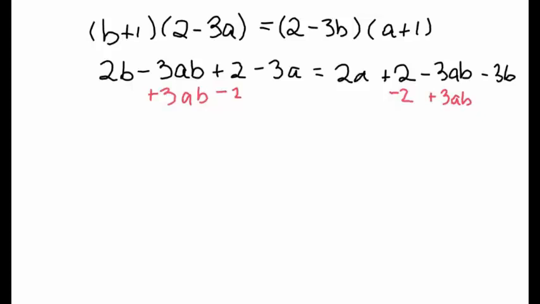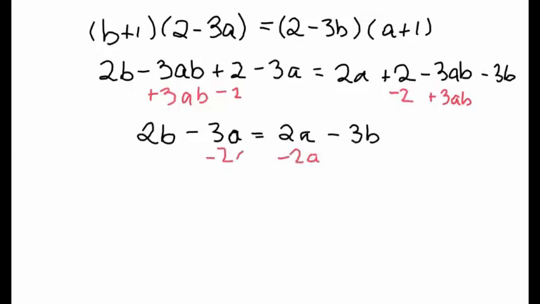So on the left-hand side, we'll be left with 2b minus 3a is equal to 2a minus 3b. Next up, I'm going to subtract 2a from both sides. On the left-hand side, this is going to leave us with 2b minus 5a.